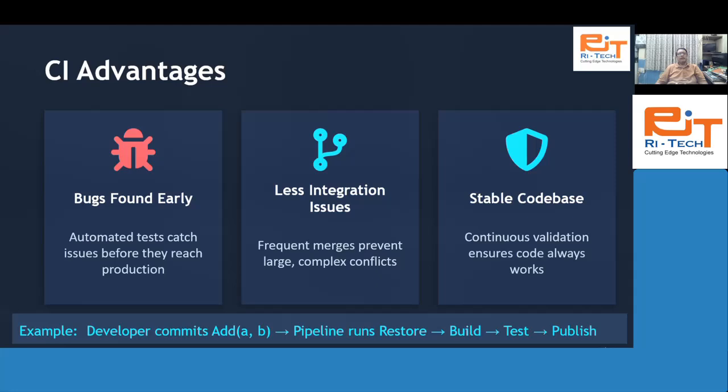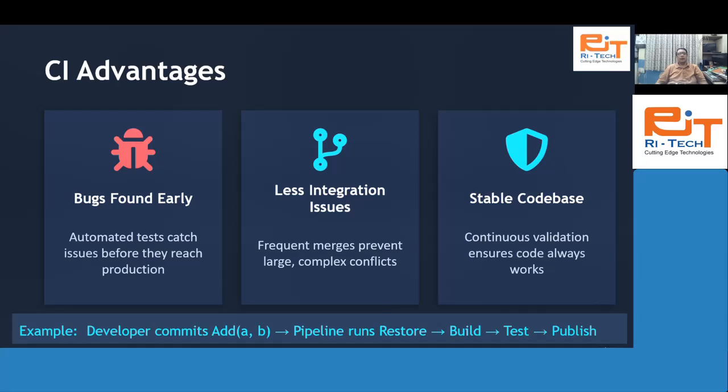CI solves the integration issue. When many merges happen together in a large and complex application, there will be many conflicts, and these conflicts can be controlled or minimized using continuous integration.